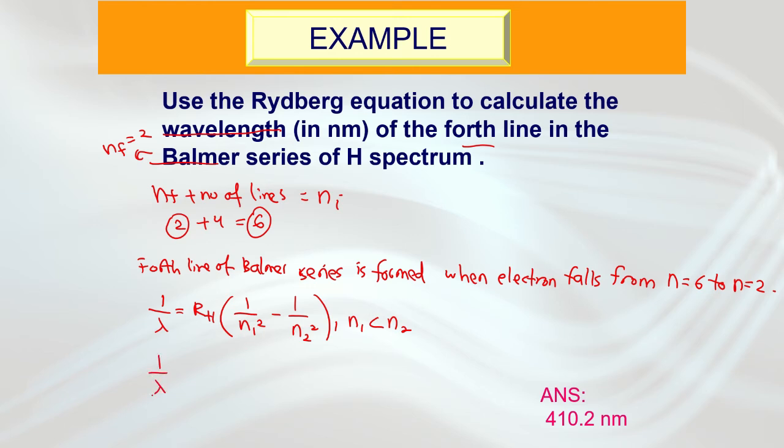Okay, so 1 over lambda equals, substitute the value of the Rydberg constant per meter, 1 over n1 square, which should be the smaller number, 2, minus 1 over n2 square. Don't forget the square. Okay, so calculate and first you will get 1 over lambda, but the question asks you lambda. So in order to get the lambda, take 1 over the answer. So you get the lambda and then convert it into nanometer, which is 10 to the power of negative 9.